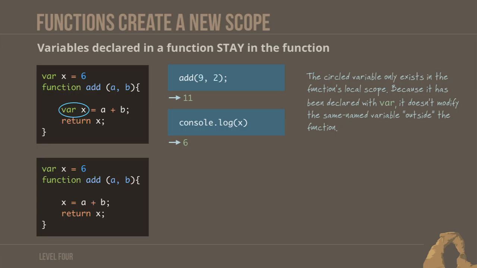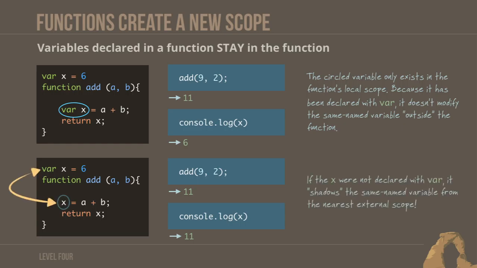So if we actually called the add function this time with 9 and 2, yes, the add function would return 11, but when we log out the x variable, its value has been changed to 11. It's always important to declare your variables carefully and know the relationship between the local and global scopes in JavaScript.